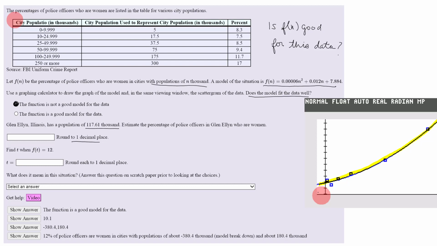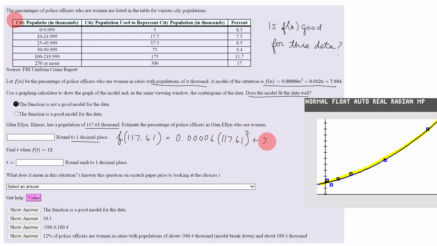So we just want to make sure that if we want to find the percentage of women that are police officers, we are within 5 to 300,000, just within the scope of our model. This is easily done by plugging and chugging. So if we're given the population of 117.61, I'll put that right into my model.